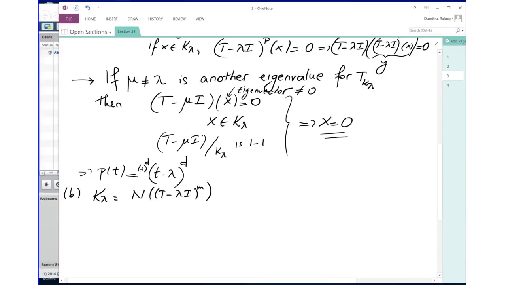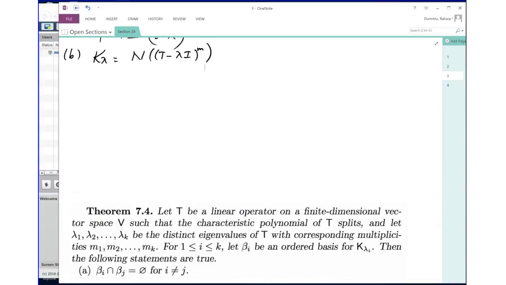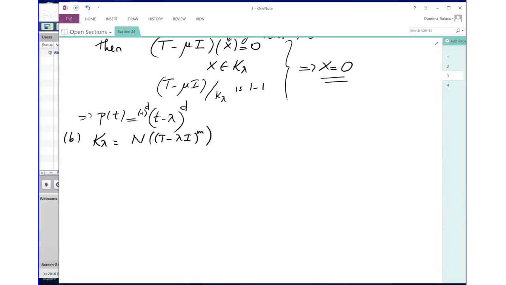We're going to do that by double inclusion. Let's see this first.